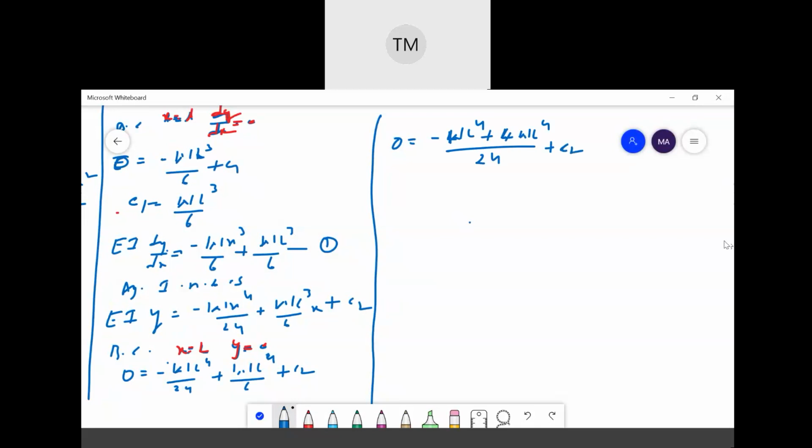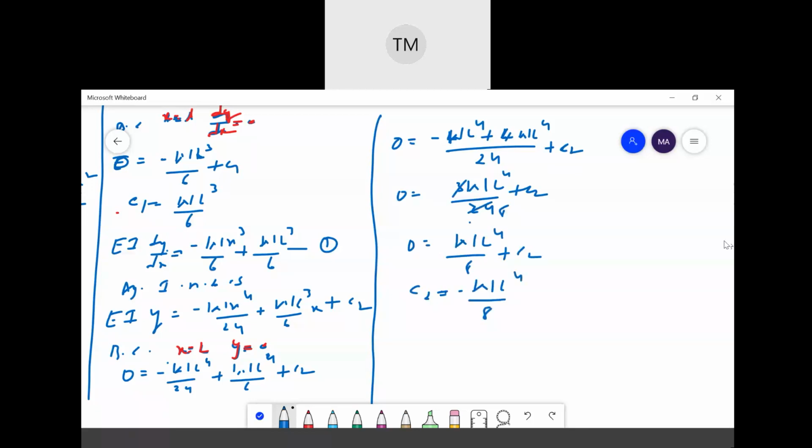Okay. Then here when I simplify this one, what happens? 3WL to the power of 4 by 24 plus C2. Okay, here 3 8s are 24. The value will become WL to the power of 4 by 8 plus C2. Then C2 is equal to minus WL to the power of 4 by 8.